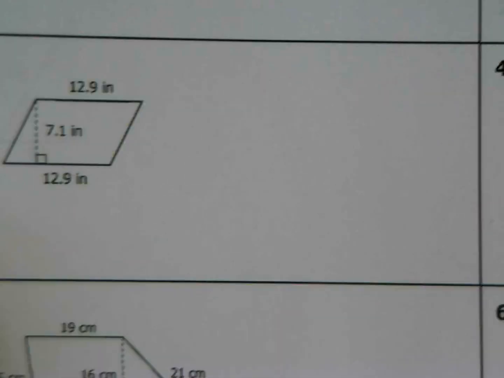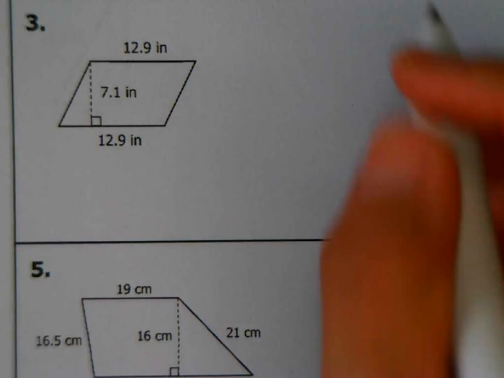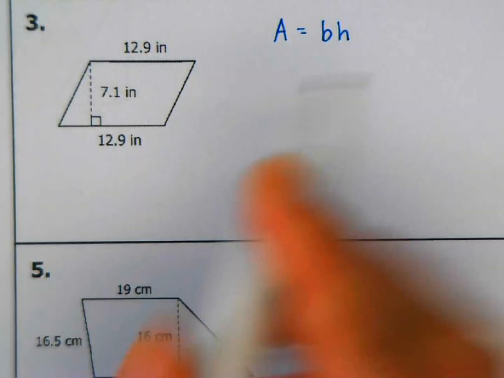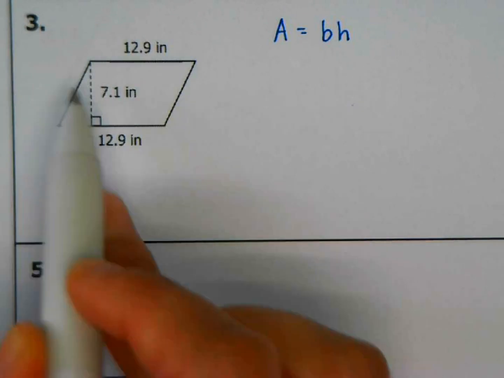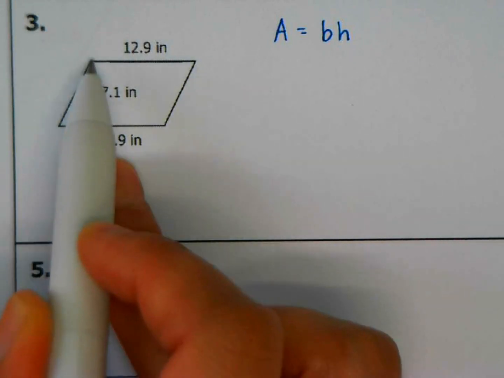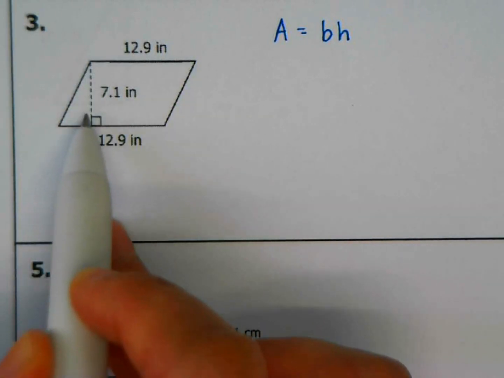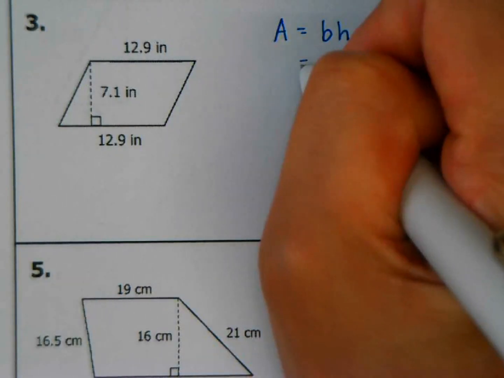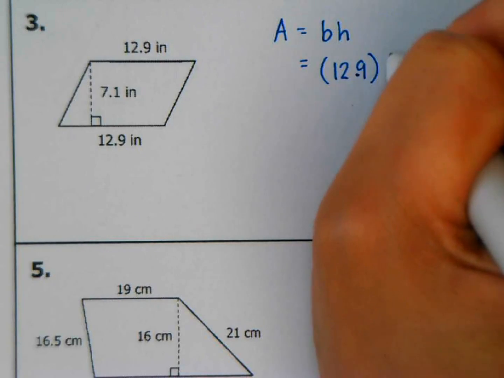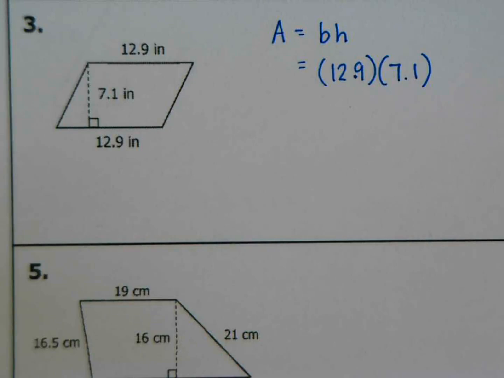All right. This one right here is a parallelogram. The area formula is area equals base times height. The base will always be on the outside, and the height is going to be the distance between the two bases, and you'll see a 90-degree angle. So the base is 12.9. The height is 7.1. You just multiply those two and you're done.